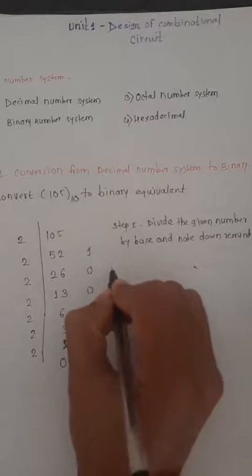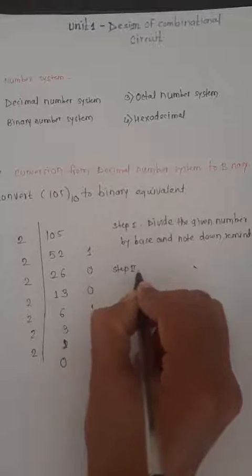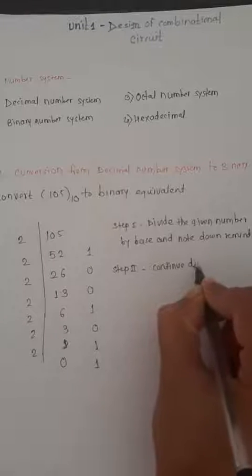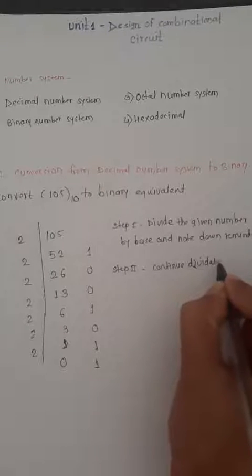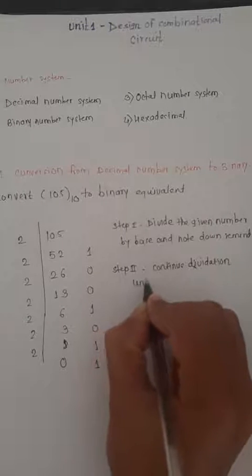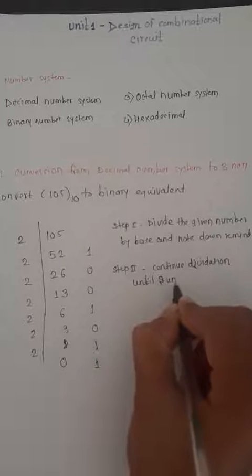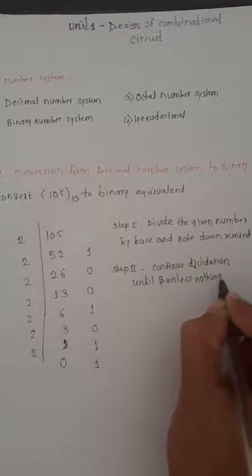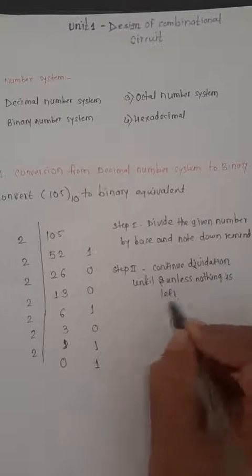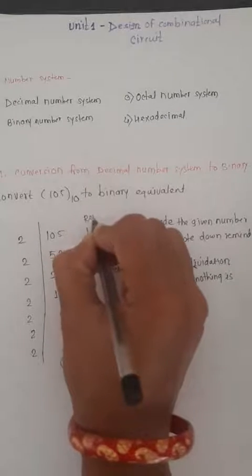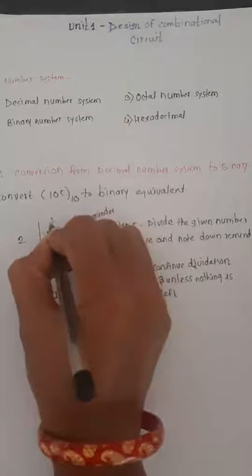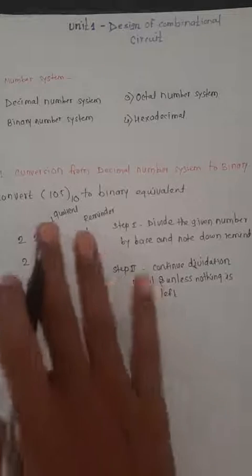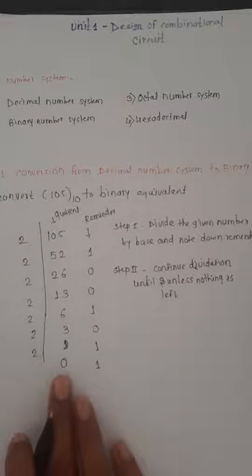So step 2 is continue the division until nothing is left. This is our remainder, this is our quotient. So repeat this process until nothing is left here.